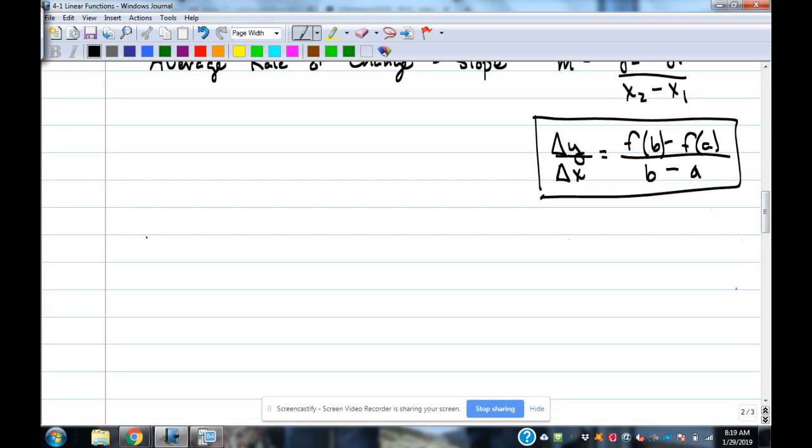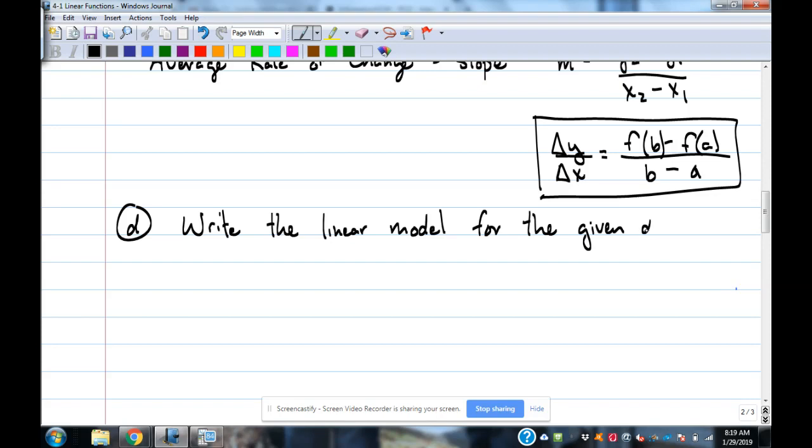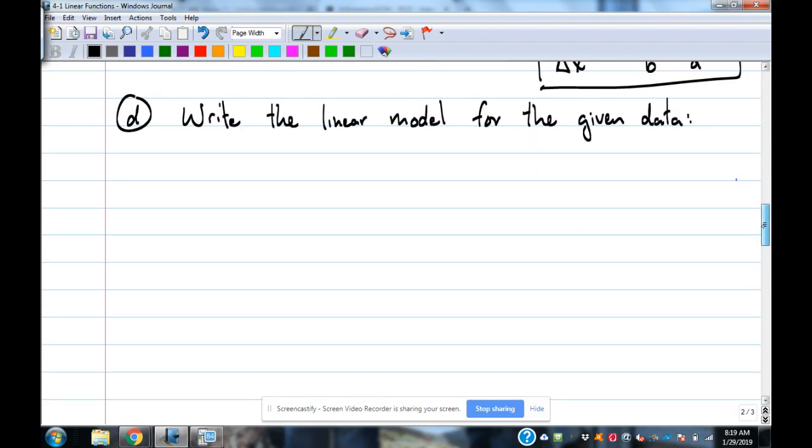What we want to do is, example B, write the linear model for the given data. Okay, so let's get some data. A T-chart, x and y.